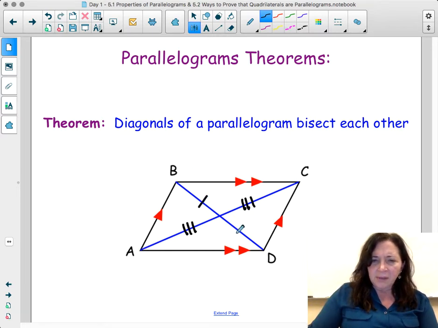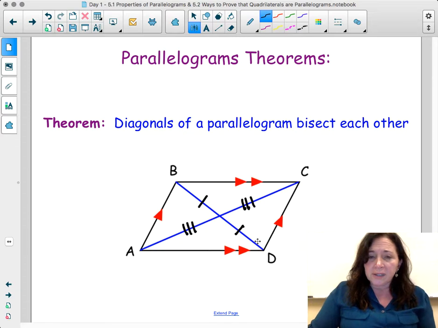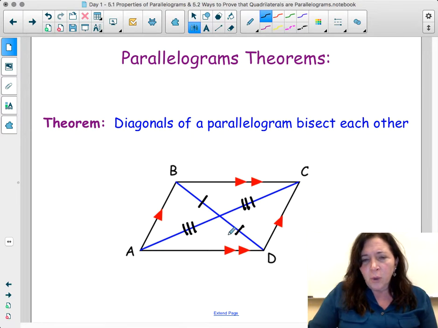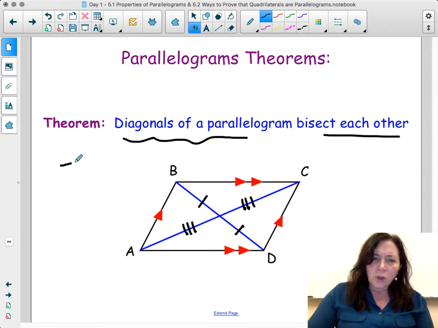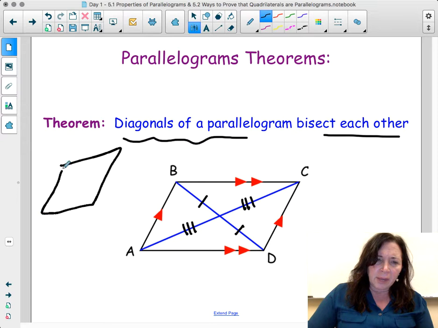Now, something that is actually really important is that they don't cut each other in equal parts unless it's like a rectangle or a square, but we'll get into that later. But what you do know by this theorem is that the diagonals bisect each other, which basically means it cuts each other in half. So if we had a parallelogram, again, I drew a new one, this side is equal to that side. Those little parts are equal, and this part here is equal to that part.